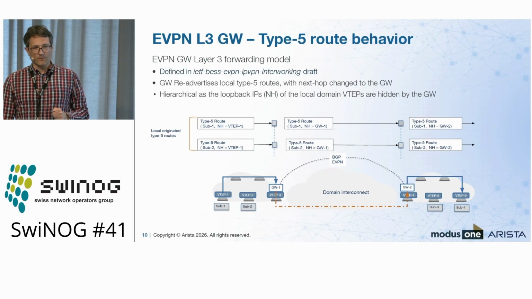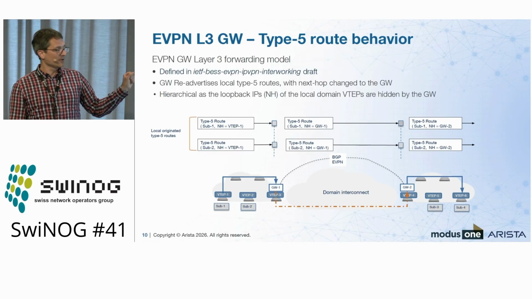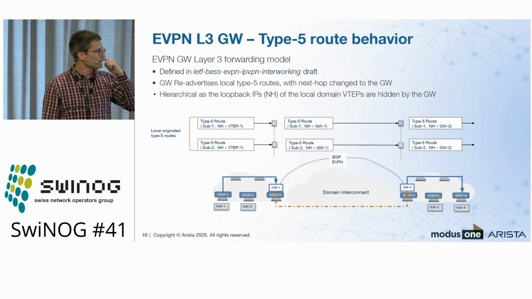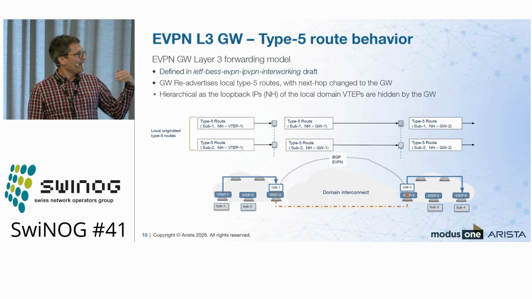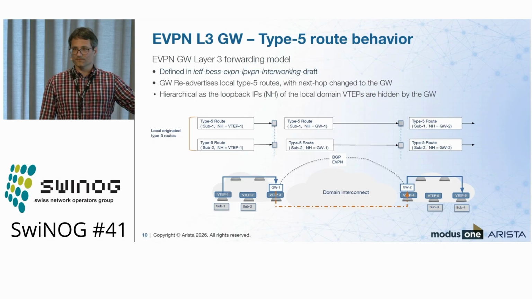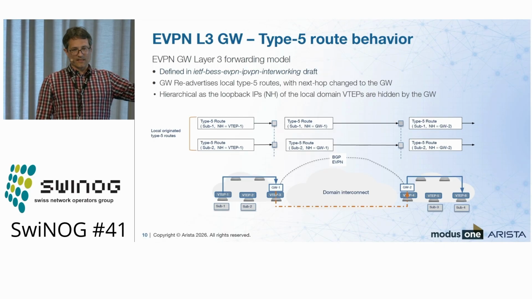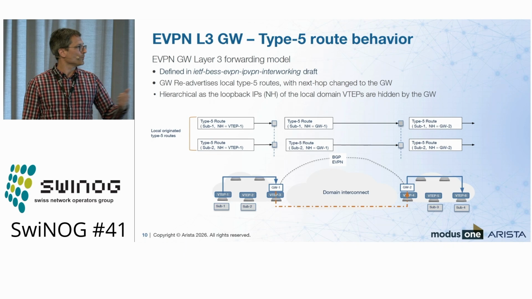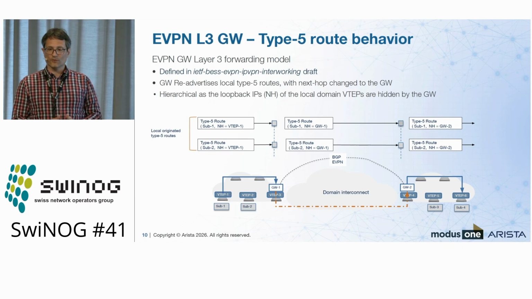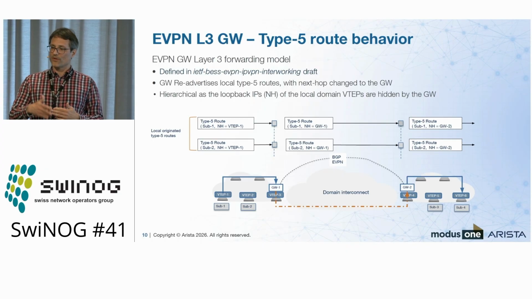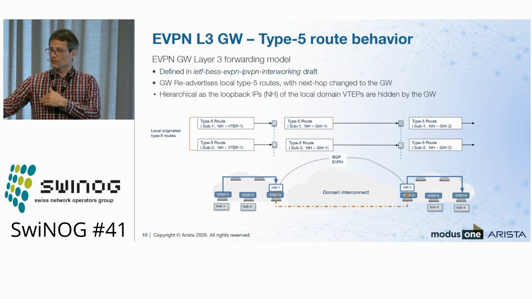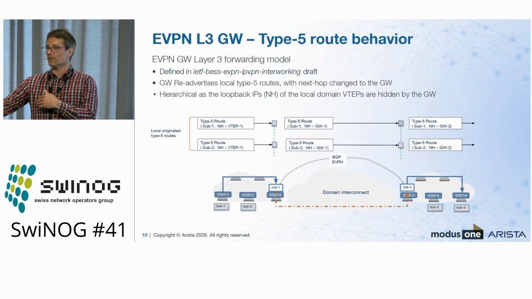And gateway 1, which also participates in its local data center, receives this route. When it's re-advertising this to gateway 2, it sets itself as next hop. That's the basic operation. And gateway 2 then does basically the same thing before it advertises this prefix to the VTAPs in the local data center.